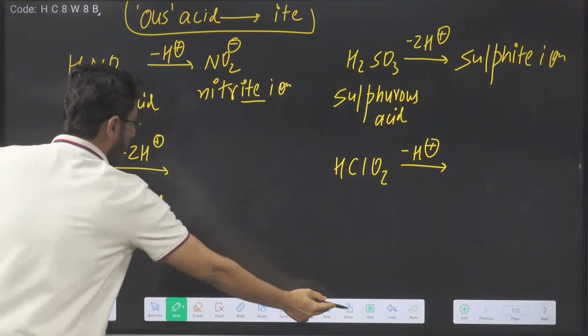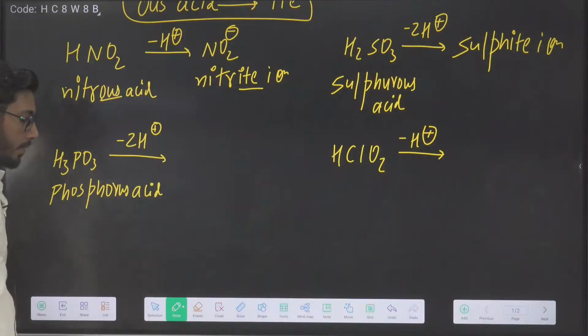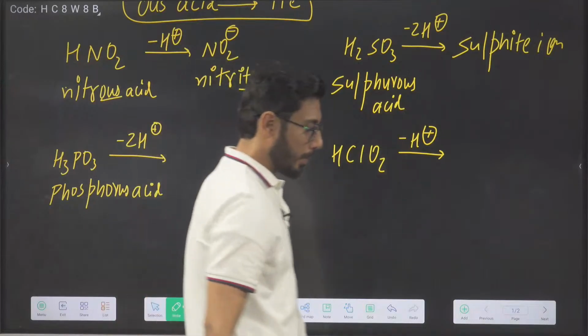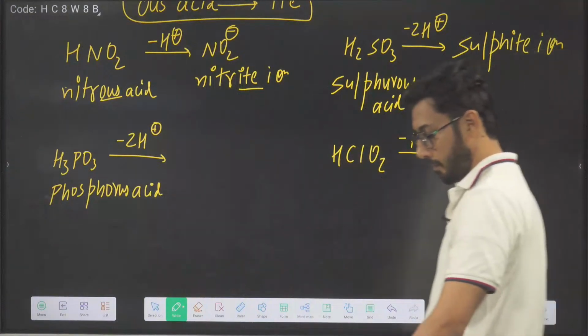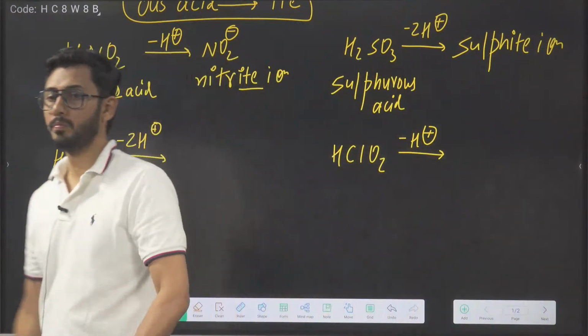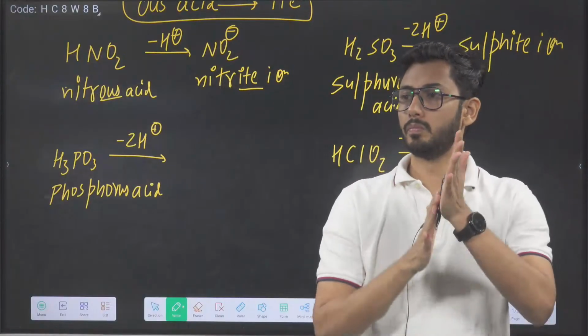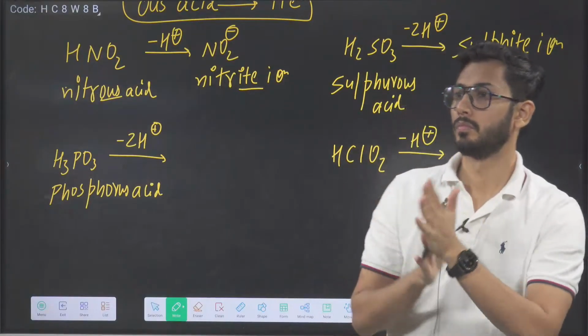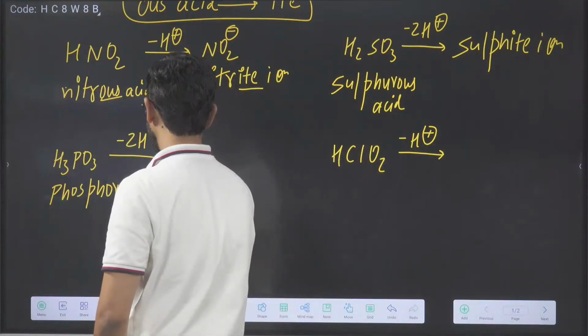H3PO3, write down the structure of H3PO3, which is phosphorous acid. Structure I am writing. What is fixed?